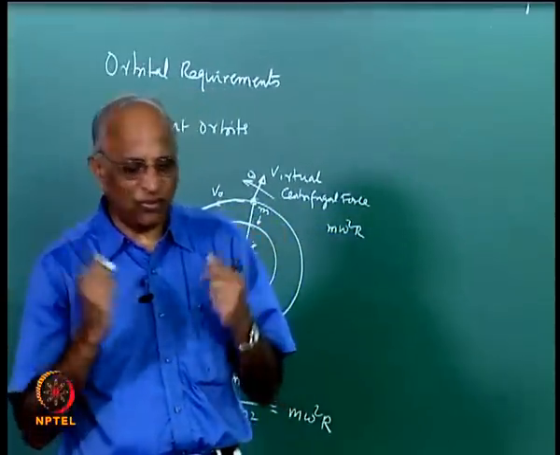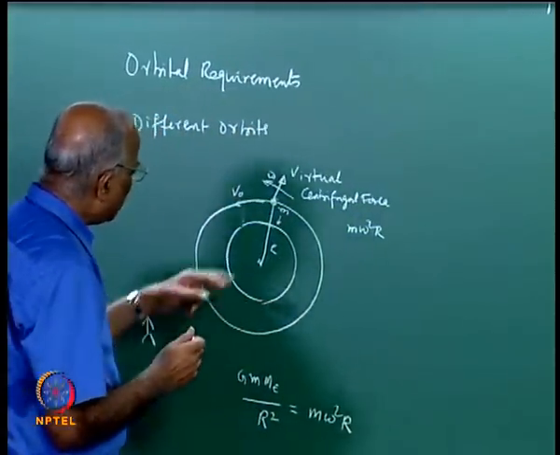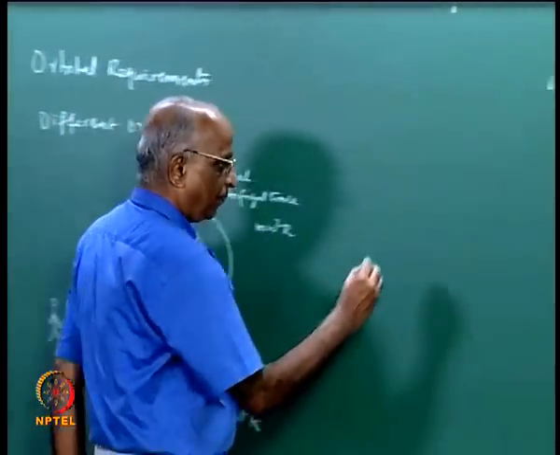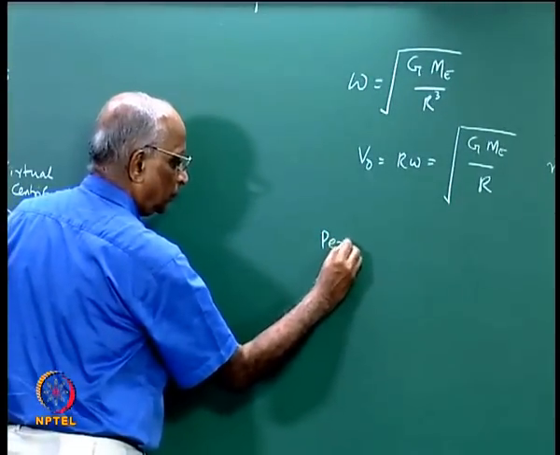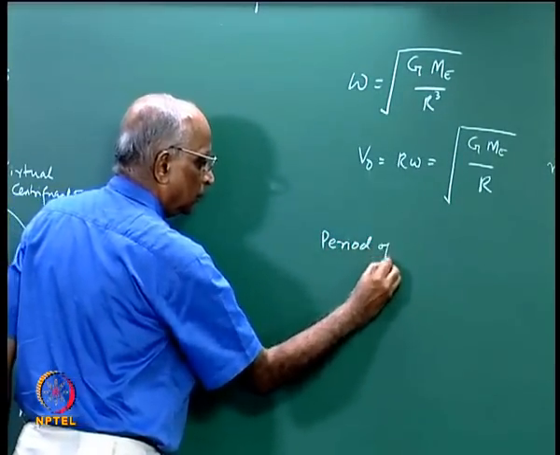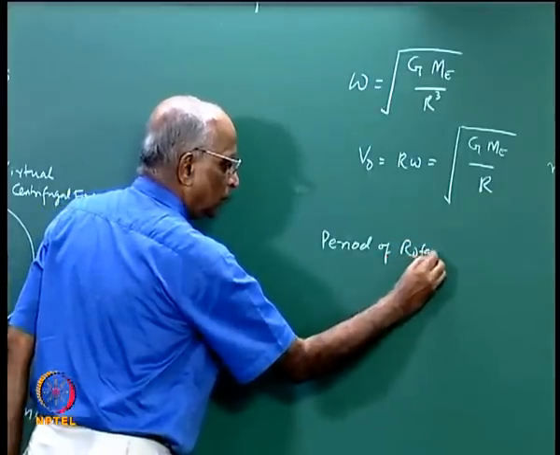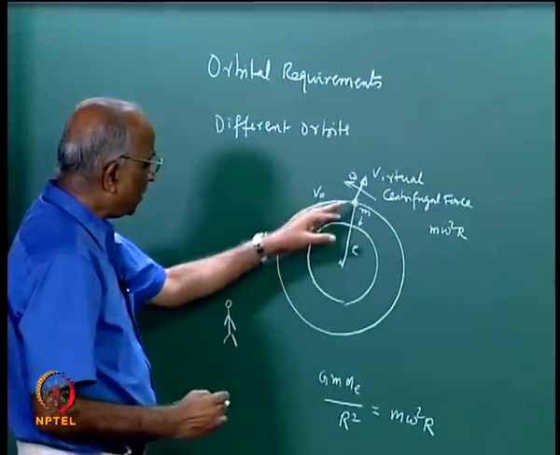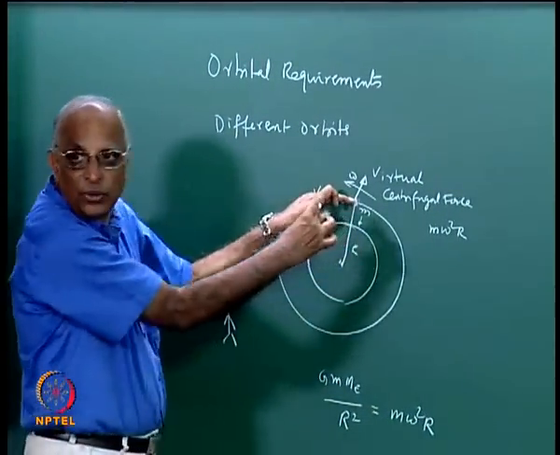Now we go one step further, ask ourselves, supposing this body is rotating, what is the period of rotation? What do you mean by a period? What is the time taken to complete one rotation?